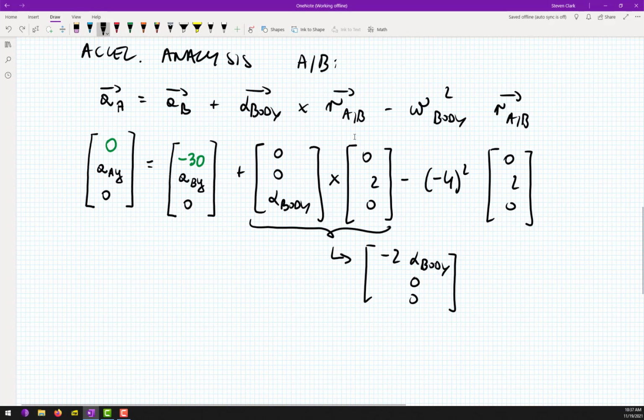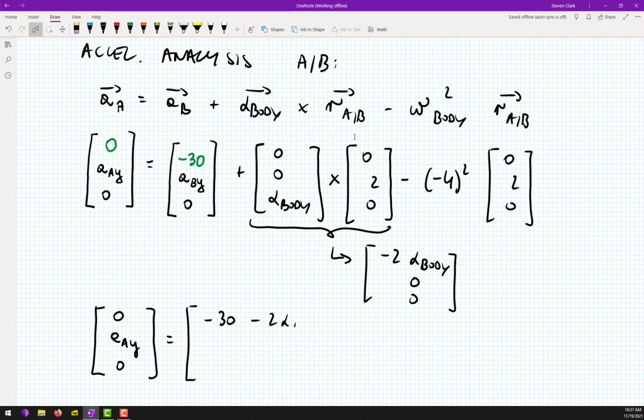Now we end up with 0, a_y, 0, and this is equal to -30, -2 alpha body. That's it. And in here we will have a_B_y minus 32. From the first equation, we can find alpha body.